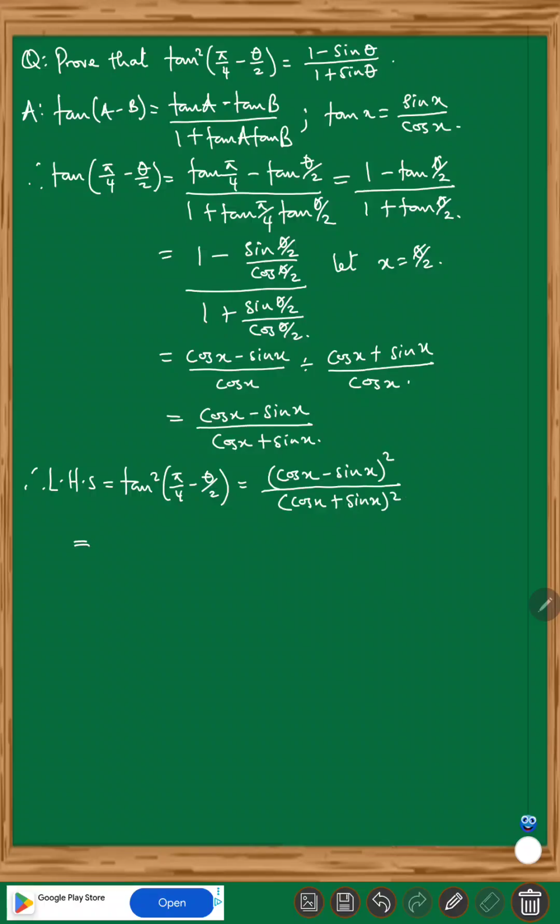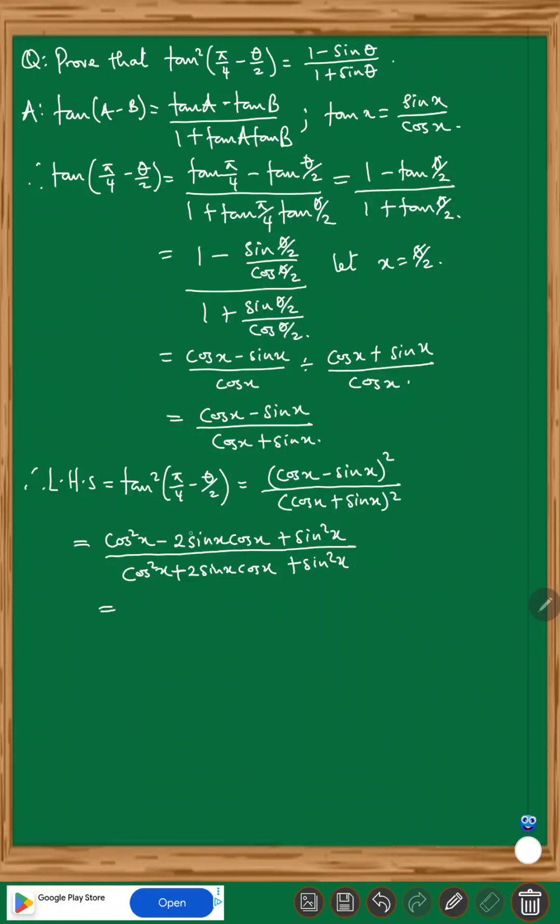And this expands to give cos²x − 2 sin x cos x + sin²x all over cos²x + 2 sin x cos x + sin²x.